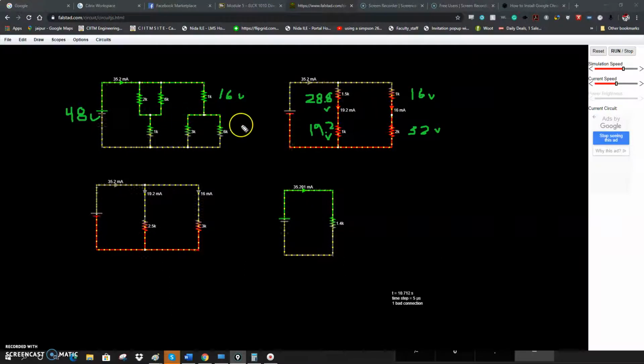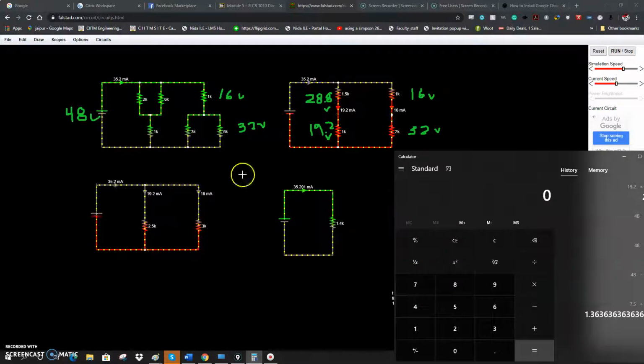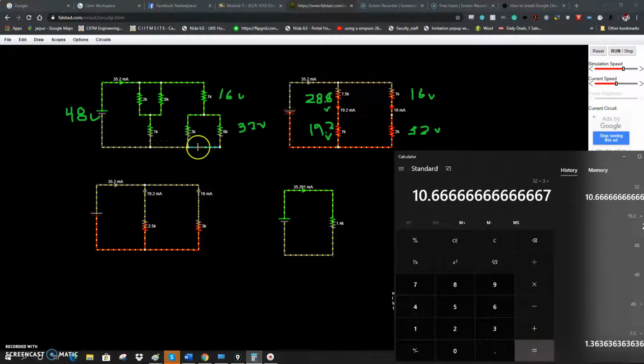Well, if we've got 48, that means we've got 32 volts right here. So we could divide that 32 volts by 3 and then by 6. So 32 divided by 3 equals 10.6 milliamps of current coming through that 3K.